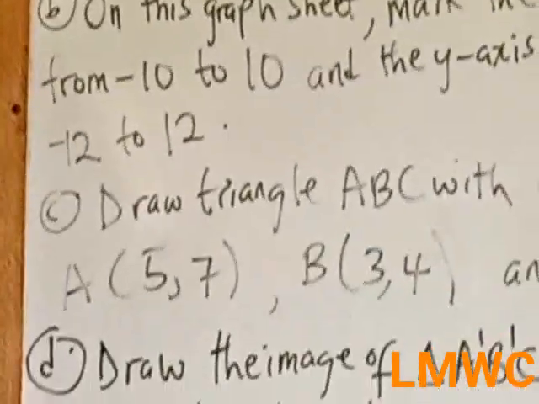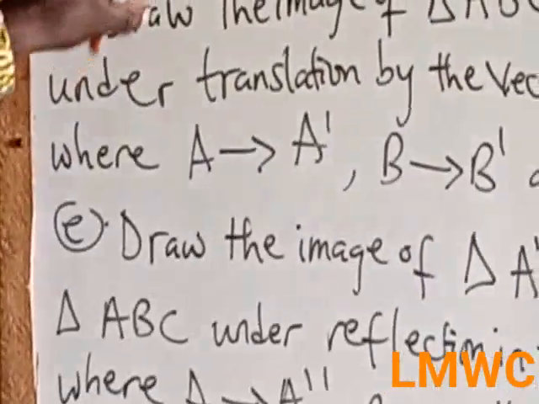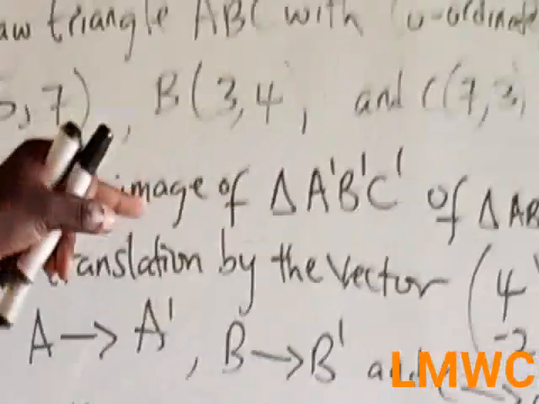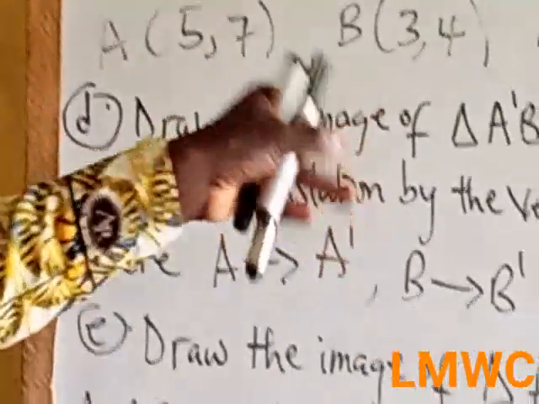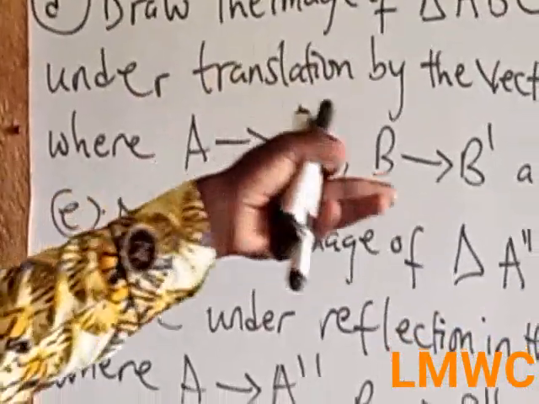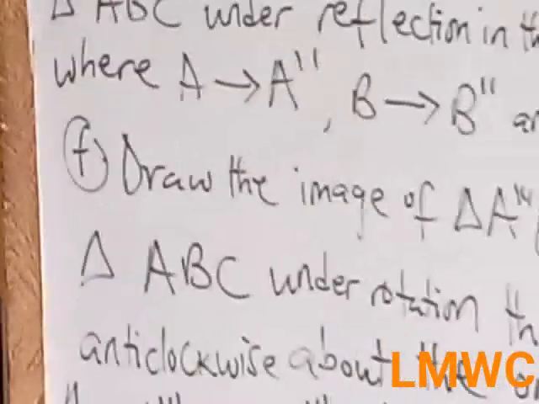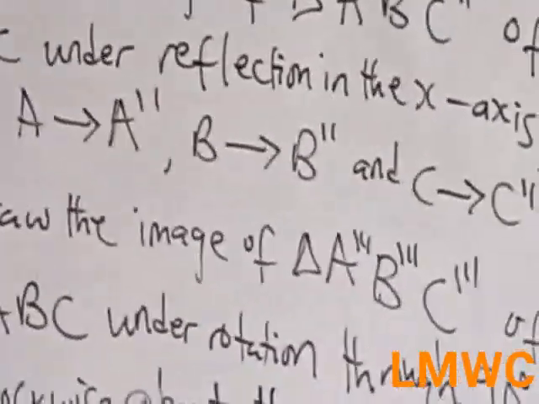C. Draw triangle ABC with coordinates A (5, 7), B (3, 4), and C (7, 3). D. Draw the image of triangle A1, B1, C1 of triangle ABC under translation by the vector (4, -2), where A maps to A1, B maps to B1, and C maps to C1.